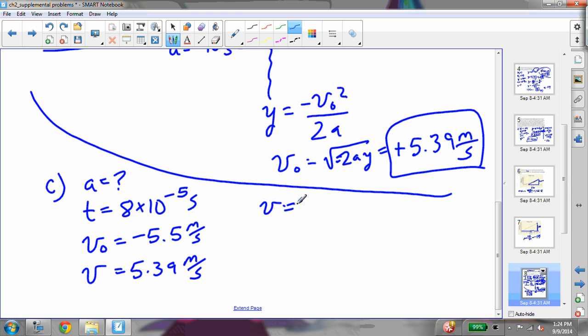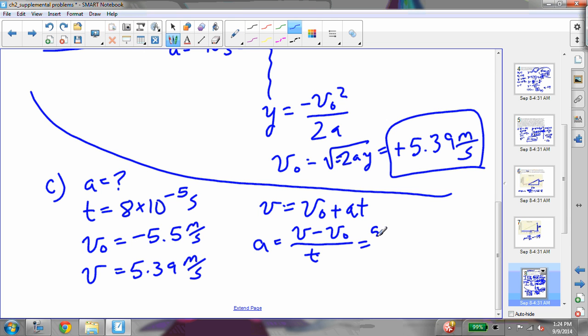So now I can find the acceleration. I say v equals v naught plus at. And a then is equal to v minus v naught over t. Of course, this assumes that we have constant acceleration, which may not be the case in this instance, where this ball is actually compressing when it strikes the floor. But we'll take that as an approximation. And then I can put in my values here.